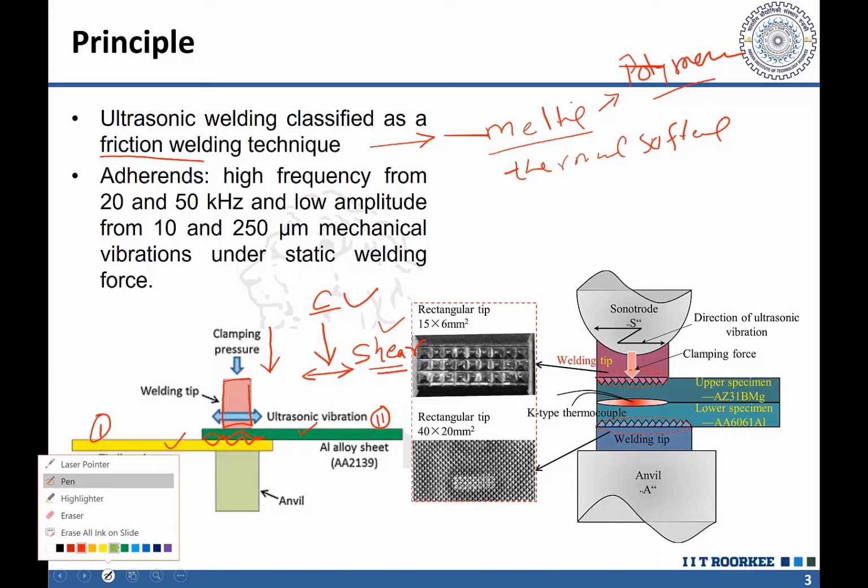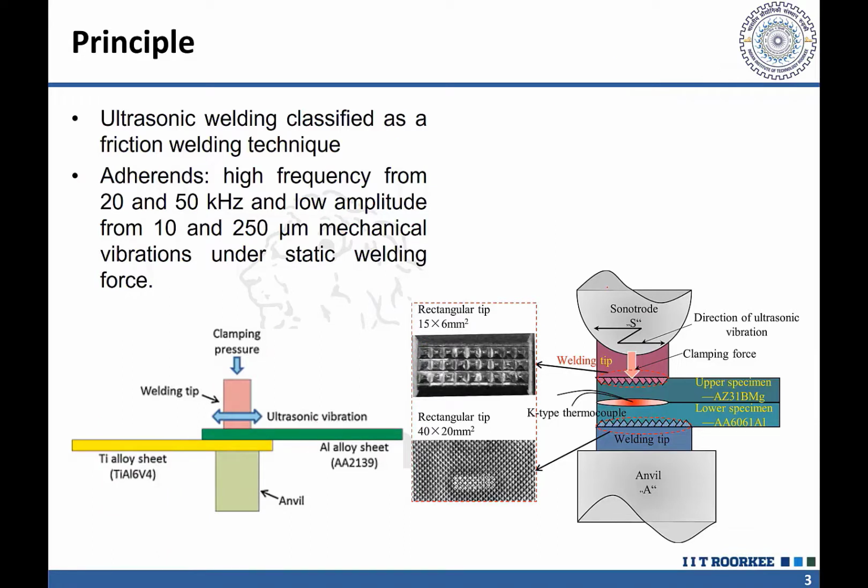If we check this, this is the sonotrode. In order to provide very intense and focused vibrations, the sonotrode tip is not made flat, but it is given some different kinds of features at the surface which will be coming in contact with the workpiece. This kind of geometry we can use on the top and the bottom side.